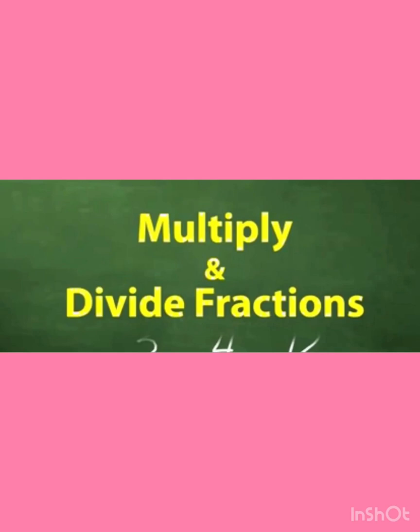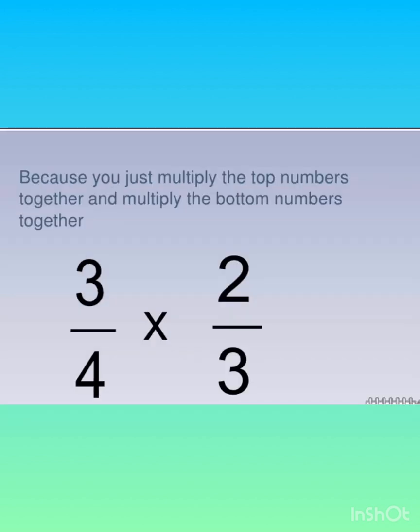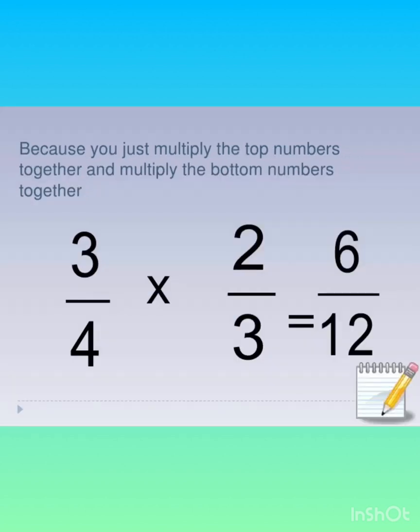Let's start with multiplication. Multiplying fractions is the easy one, because you can just multiply the top numbers together and multiply the bottom numbers together, or you can say multiply numerator with numerator and denominator with denominator.